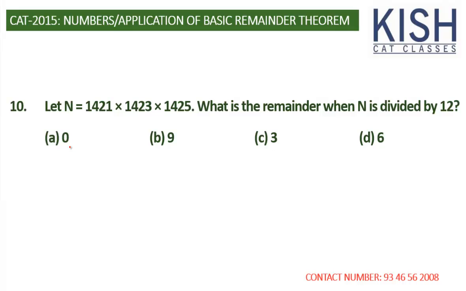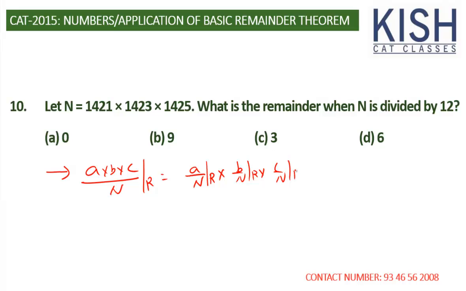Time is the most crucial thing in any competitive examination, and CAT goes along similar lines. In fact, this is the most important examination for you right now. Now, what you can do is, as I've explained in the concept video, A into B into C divided by n, the remainder is simply A by n remainder into B by n remainder into C by n remainder.